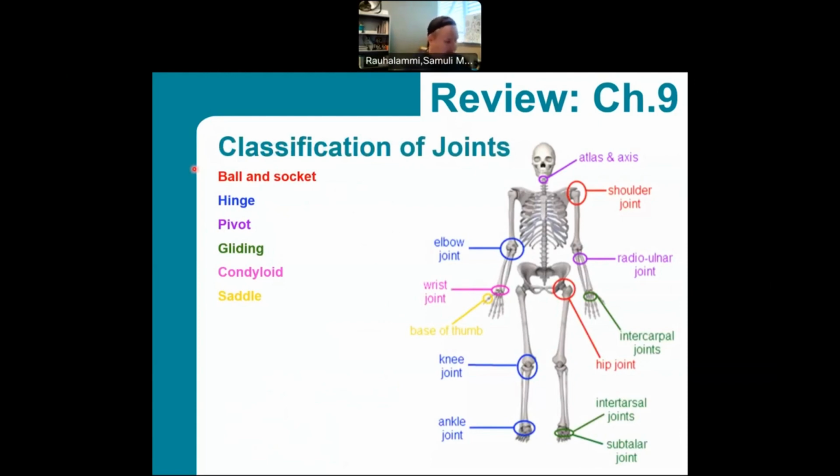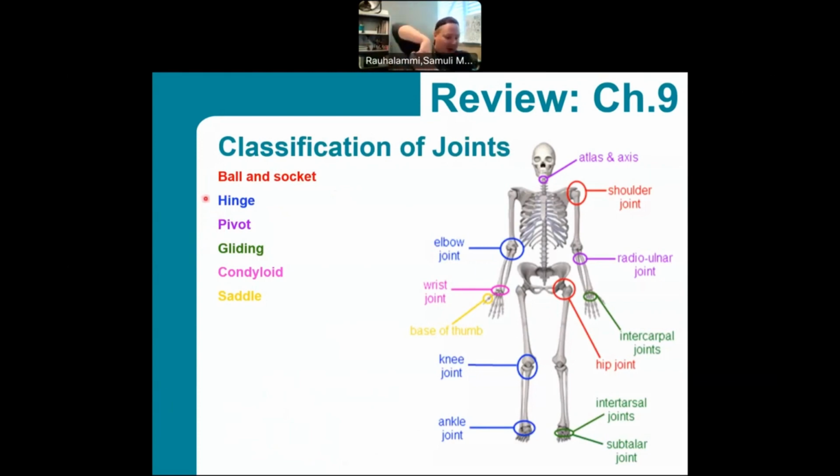when it comes to different categories. So we can talk about, for example, just gliding plane joints, where really what we're seeing is two structures just gliding past each other. We can also have hinge joints.